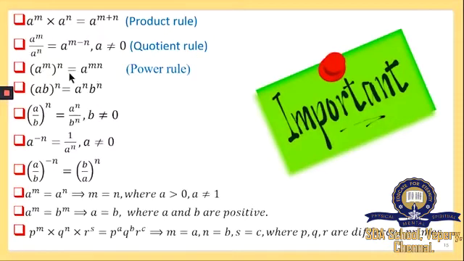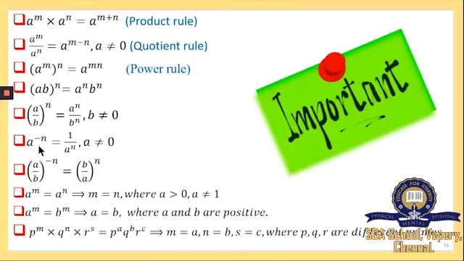And the third law is a power m to the power n equals a power mn. So this is power rule. The fourth law is ab the whole power n equals a power n into b power n. Fifth law is a by b the whole power n equals a power n divides b power n, provided b should not be equal to 0.